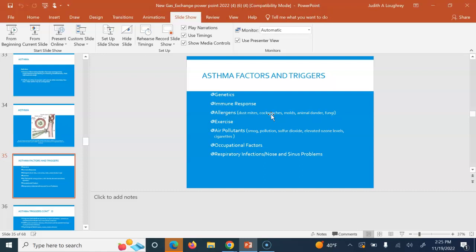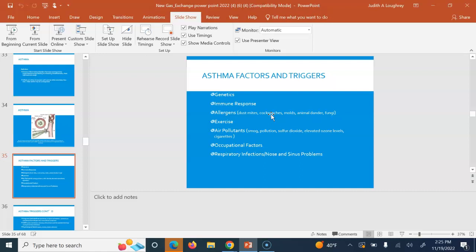A lot of the times people will get an asthma attack based on the allergens. Sometimes people have what's called exercise-induced asthma, and that's just overdoing it, and all of a sudden it puts them into an asthma attack. Air pollutants such as smog, pollution, sulfur dioxide, elevated ozone levels, and cigarette smoking.